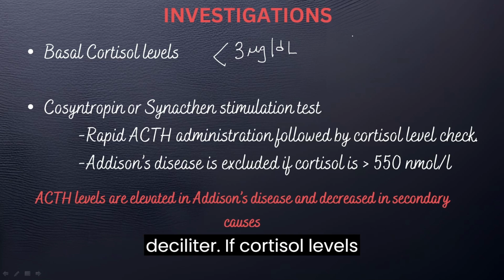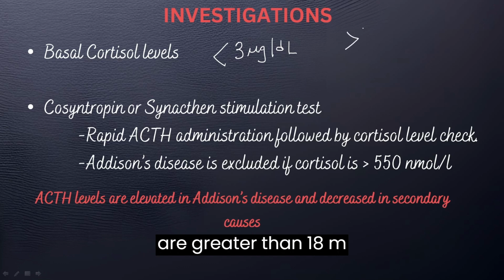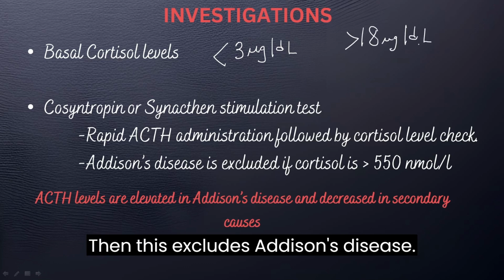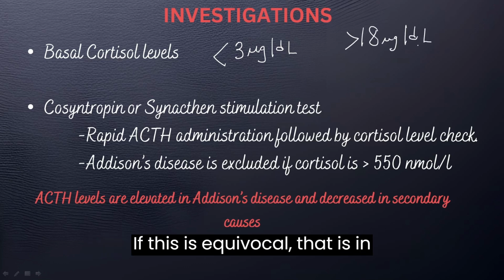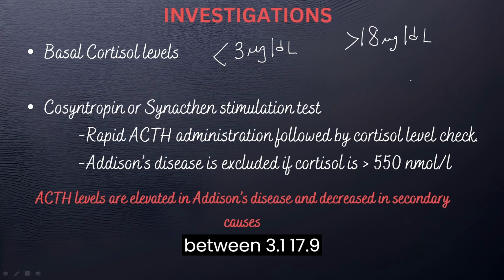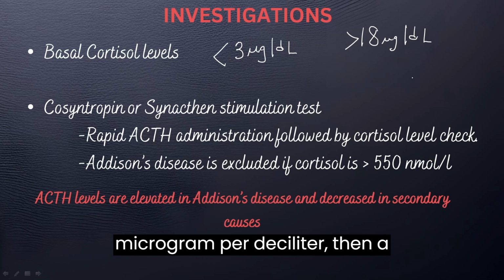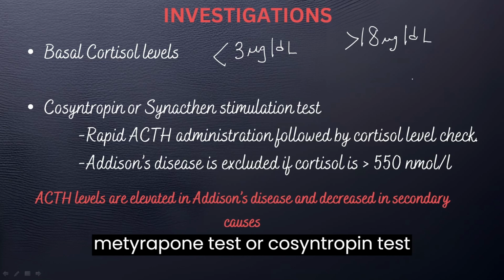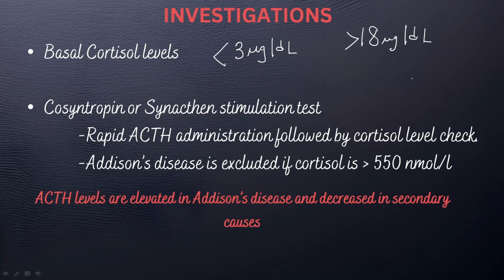If cortisol levels are greater than 18 microgram per deciliter, then this excludes Addison's disease. If this is equivocal, that is in between 3.1 to 17.9 microgram per deciliter, then a provocative test with insulin, a metyrapone test, or cosyntropin test may be used.